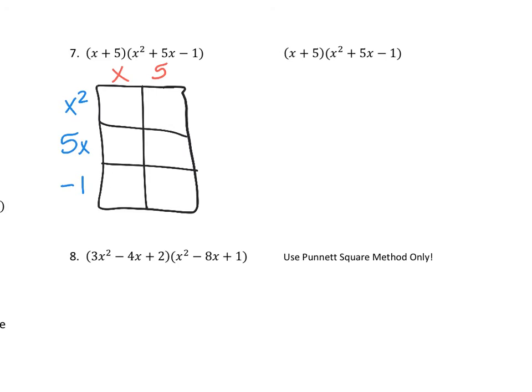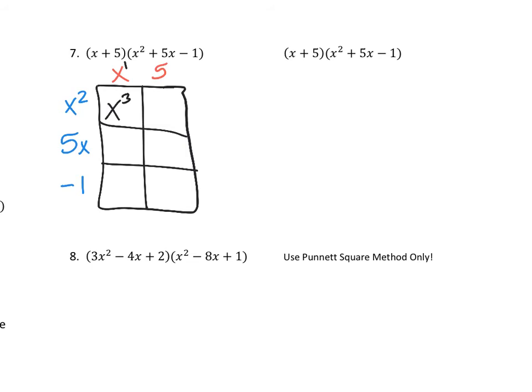In this first box, I'm going to be multiplying what times what? What is x squared times x? X to the power of 3 because we add the exponents together. This is x cubed because this was 2 and this one is 1, so I add them up.